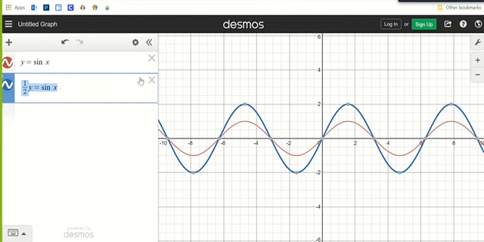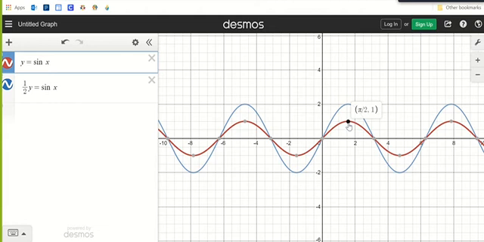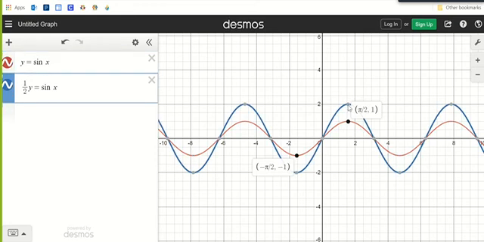Okay, one way of thinking about it is that the height of the highest the red goes is positive 1 for your y value. The lowest it goes is negative 1 for the y value. Now if you look at this blue, the highest the blue goes as a y value is positive 2. The lowest the blue goes as a y value is negative 2.